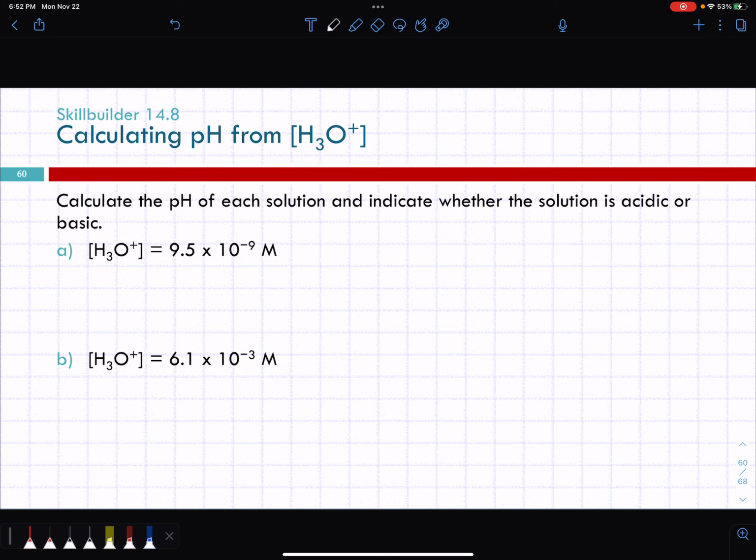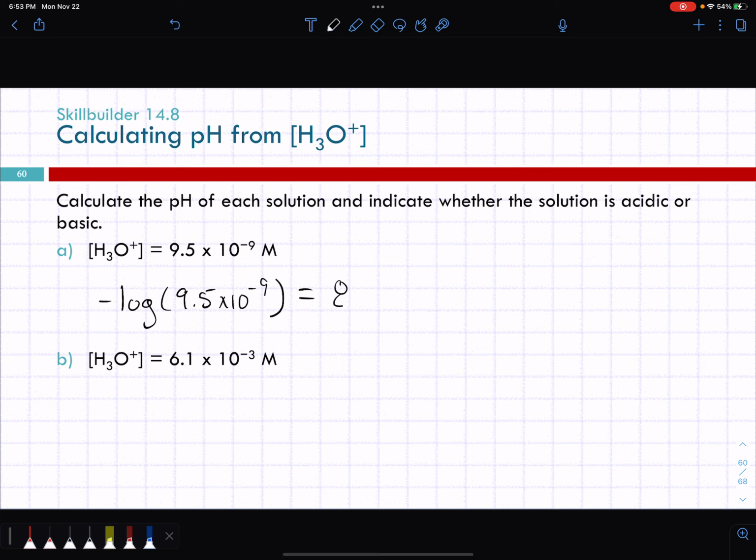So if we have 9.5 times 10 to the negative 9 molar H3O plus, then our pH is going to be calculated as the negative log of 9.5 times 10 to the negative 9. Negative log 9.5 E negative 9.